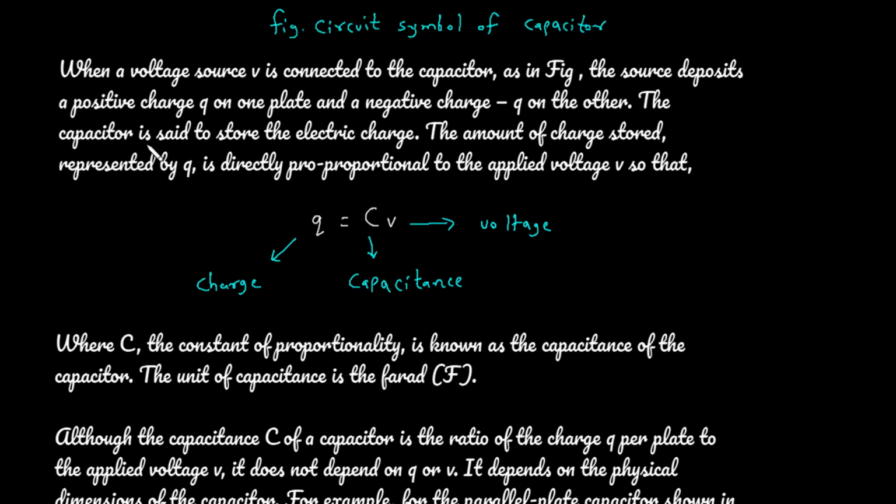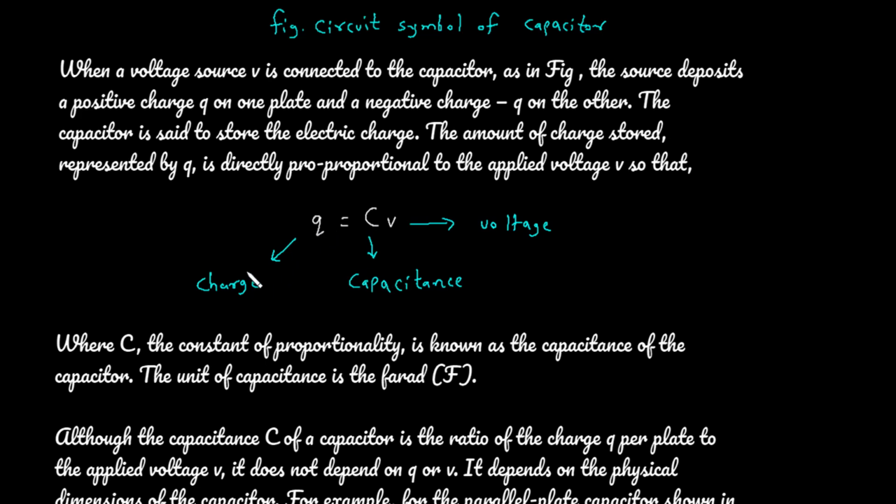Remember that the capacitor is said to store the electric charge. The amount of charge stored, represented by Q, is directly proportional to the applied voltage V, so that Q is equal to C into V. So here this charge is directly proportional to voltage, and this C is the proportionality constant.